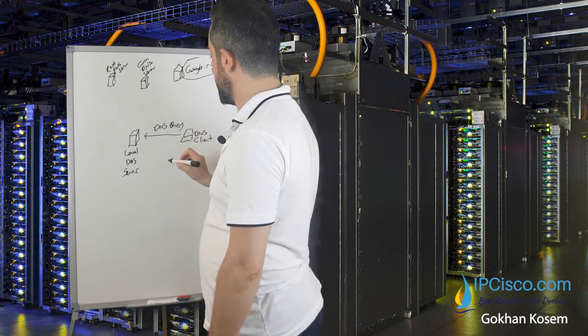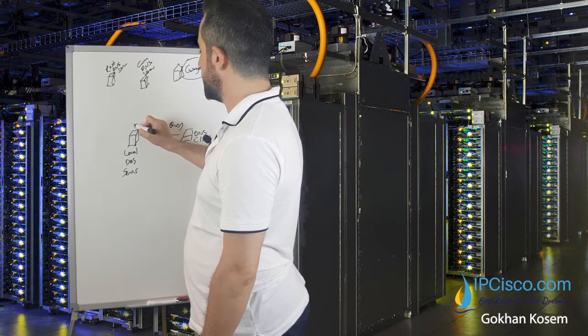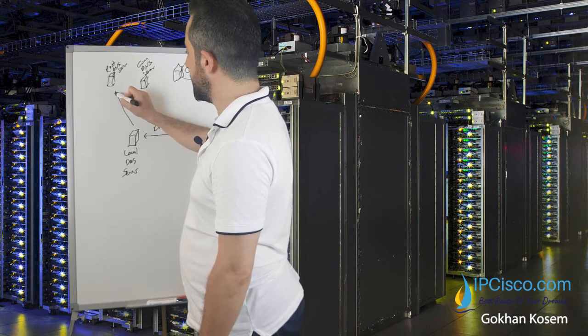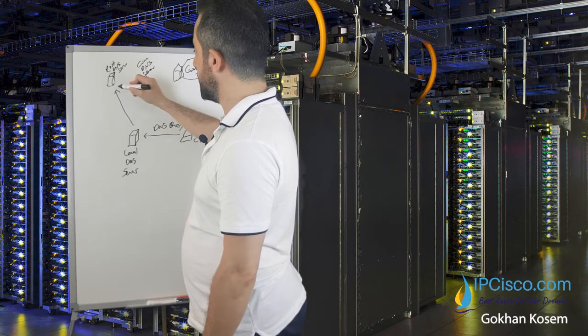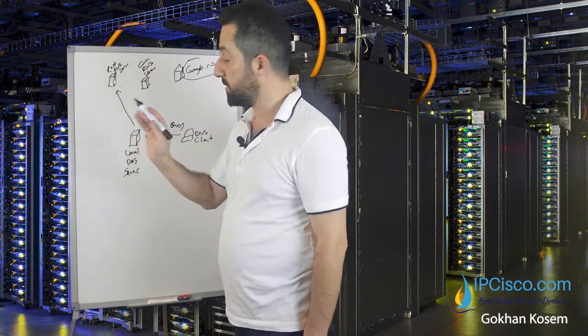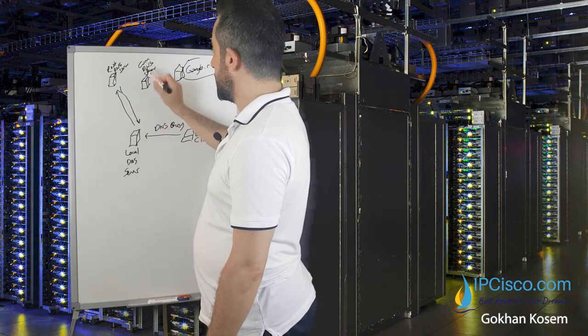Firstly, the DNS query comes here, but this local DNS sends this to the root DNS, and the root DNS says that I have no information about this. Ask the com DNS.